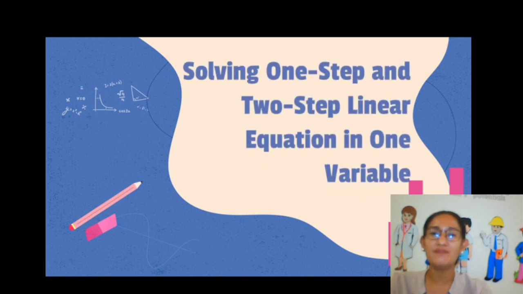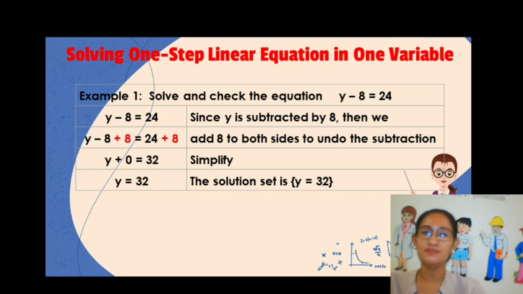Let's now have solving one-step and two-step linear equation in one variable. Example number 1. y minus 8 equals 24. Since y is subtracted by 8, then we add 8 to both sides to undo the subtraction.